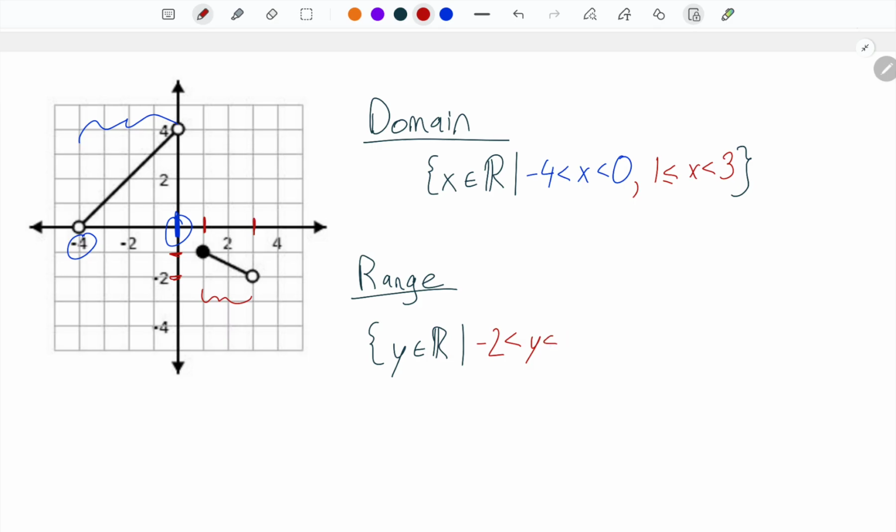So less than or equal to -1. And then moving upwards, we have that first piece there, which goes from a height of 0, that's the y value, all the way to 4. And this is open, not filled in, so it doesn't include the endpoints. All right, and there we have it. That is the range. So it has two different pieces because we have two different pieces there.